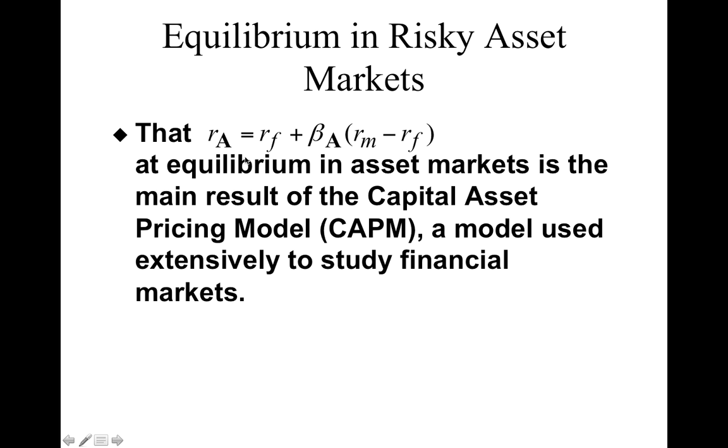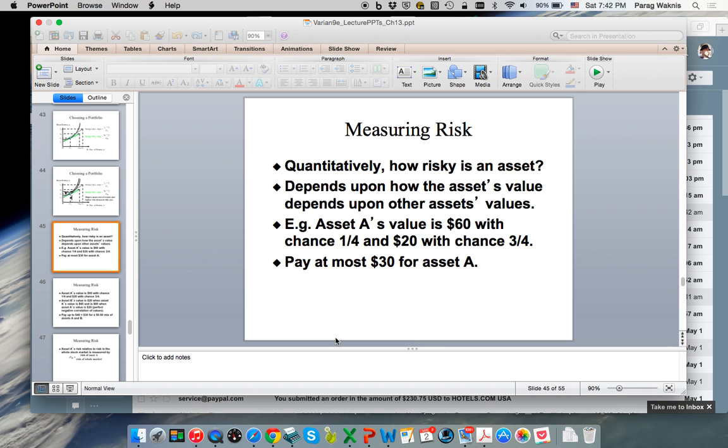So this equation, Ra is equal to Rf plus beta A into bracket Rm minus Rf, is the main result of what we call the capital asset pricing model. The capital asset pricing model basically tells you that in equilibrium, if you think about any asset, that is how the asset would be priced.